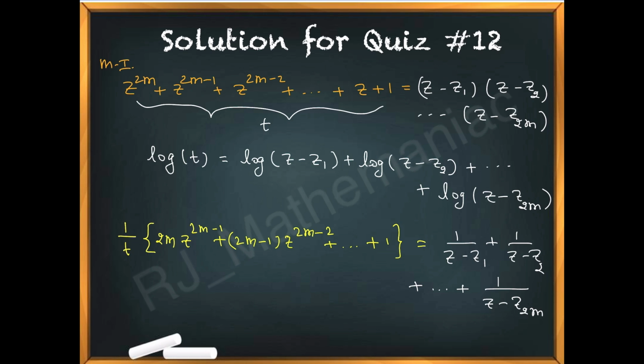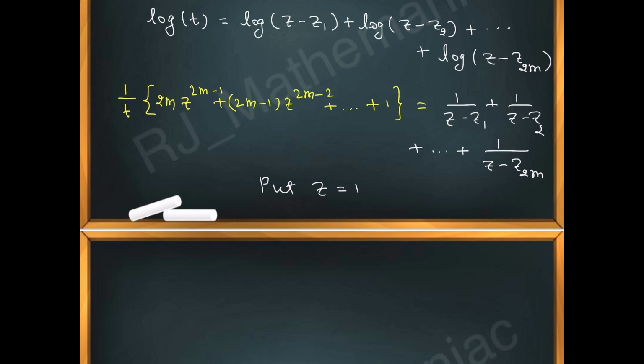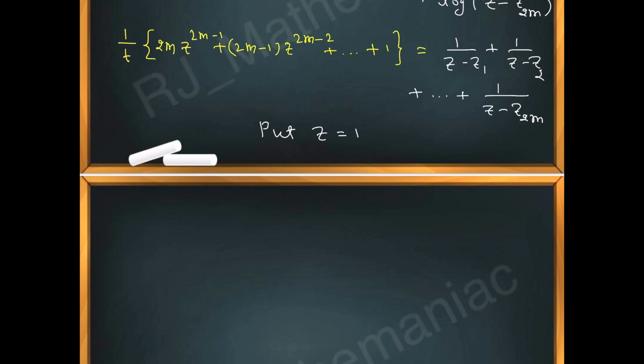Now the right hand side can be converted into the required expression. How? We can put z equal to 1 and it would be very simple. So the right hand side can be written as the summation of 1 upon (1 minus z_r), where r is from 1 to 2m. That is what is needed. So on the left hand side we can find the value.